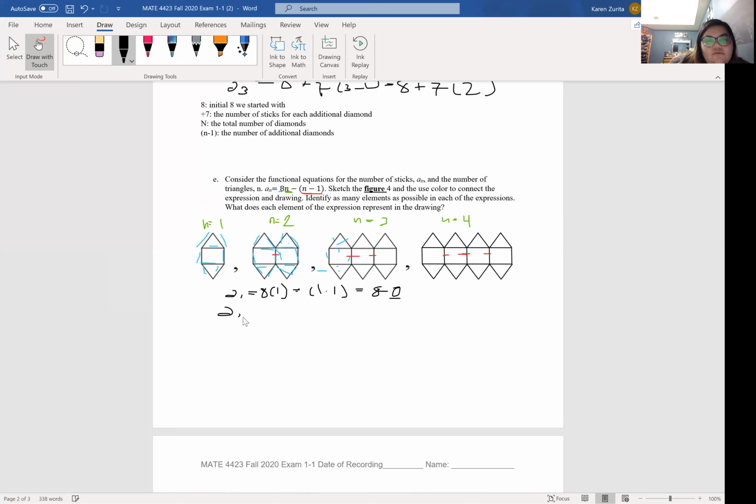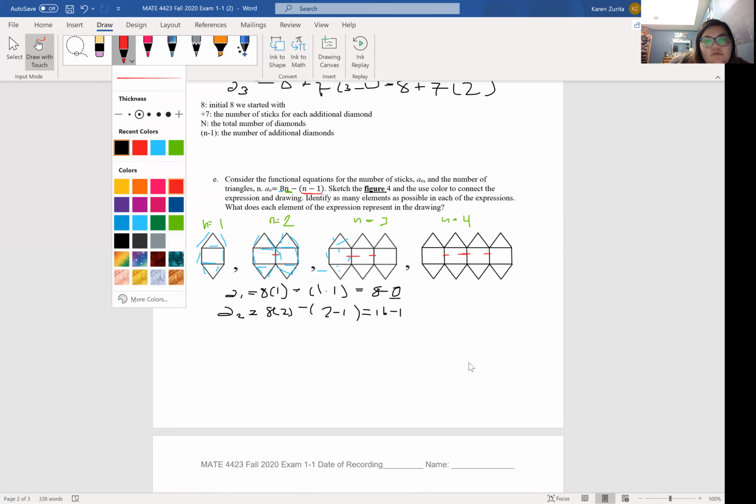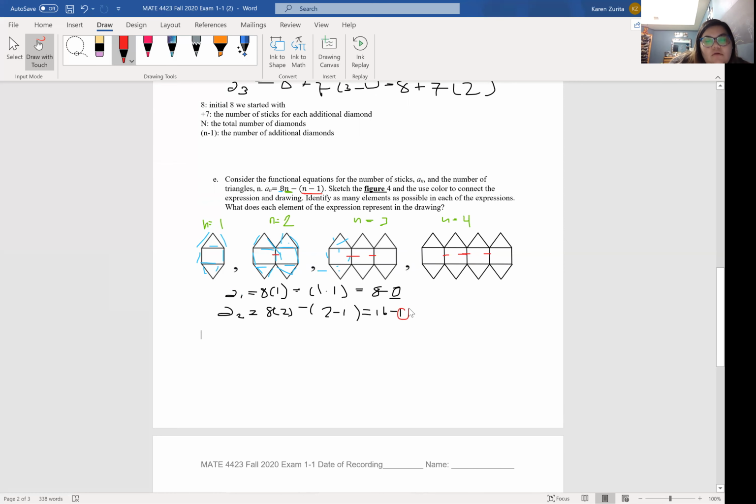Then for A2 equals 8 times 2 minus 2 minus 1, which equals 16 minus 1. This 1 represents this red one, this shared toothpick that we have here.